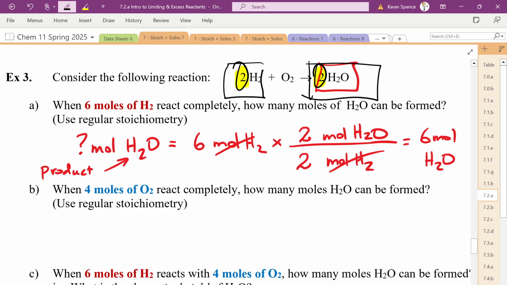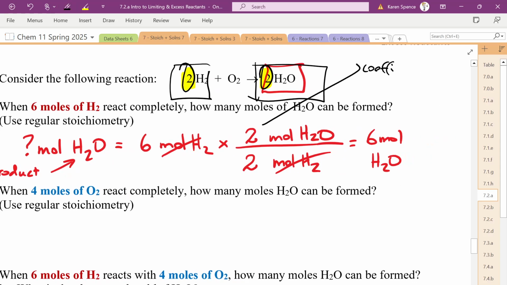You could simplify it to 1 if you wanted to, but usually we don't bother. Usually we just use the coefficients from the balanced equation. Did that make sense? Yeah? Okay, cool.